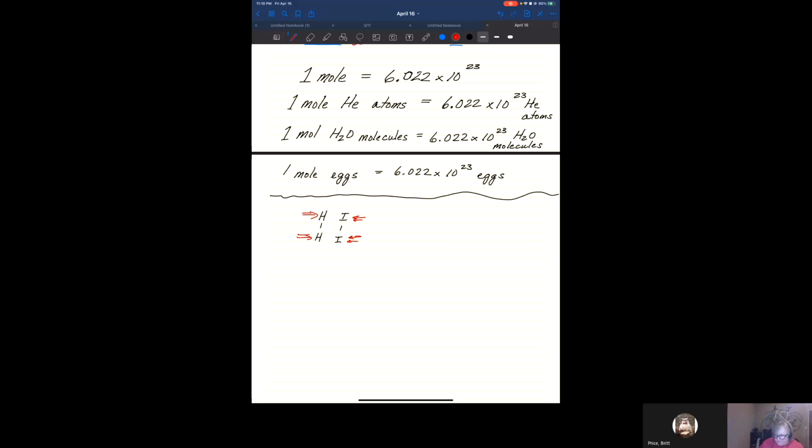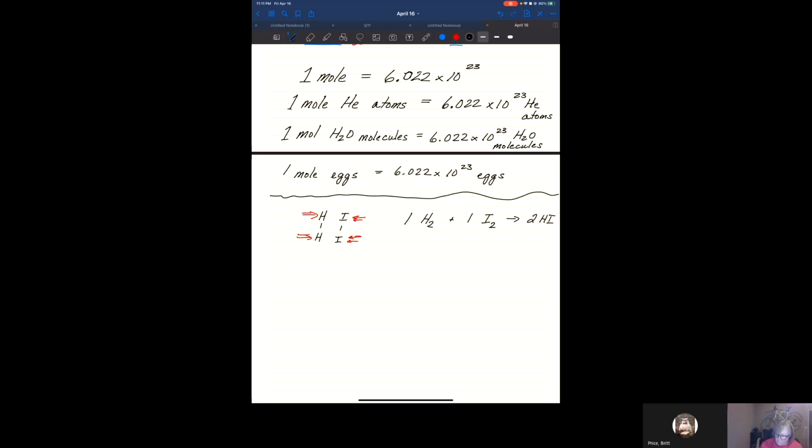The relationship for this reaction is 1 H2 reacts with 1 I2. And then, of course, we get those 2 HIs. Fabulous. The problem is there's no way to physically go pick up a single hydrogen molecule.